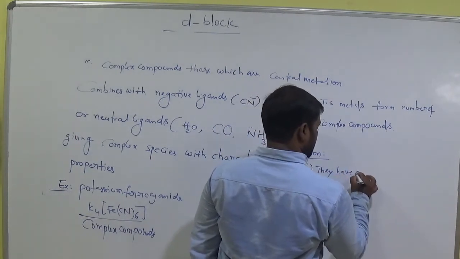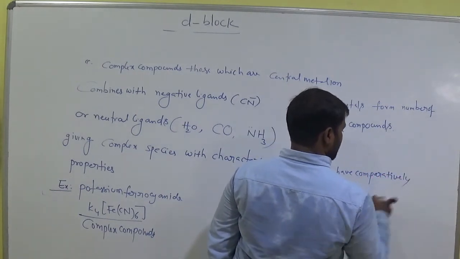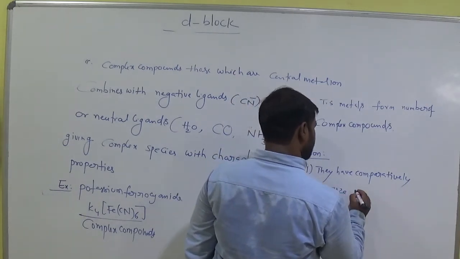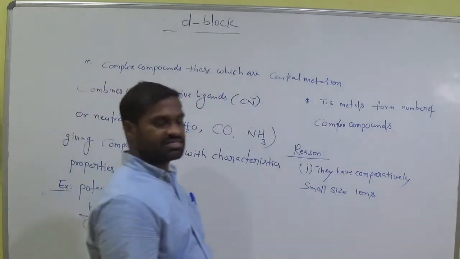They have comparatively small size ions. Transition metal ions are very small size ions.